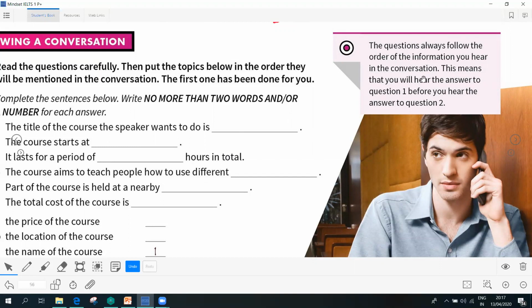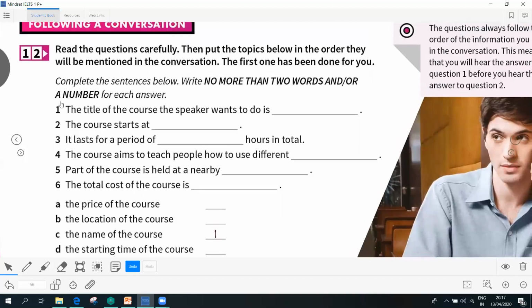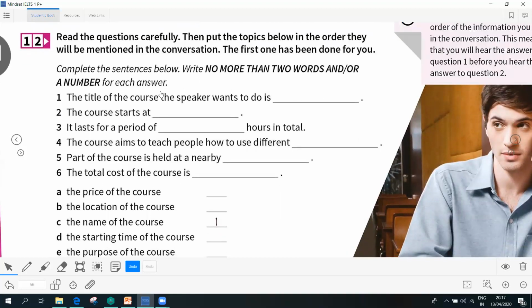So this means that you will hear the answer to question 1 before you hear the answer to question 2. So you can follow the questions or the sentences as you listen to the conversation, because the information in the conversation will be in the same order.